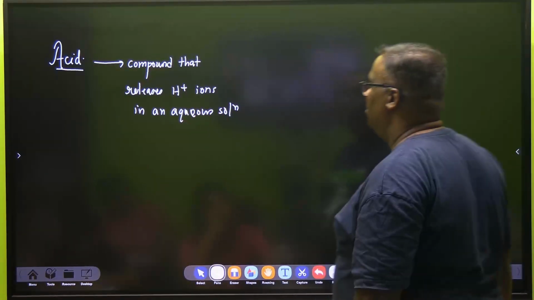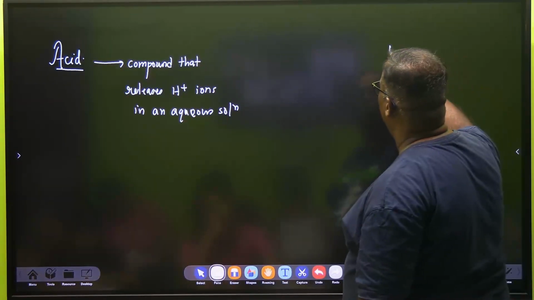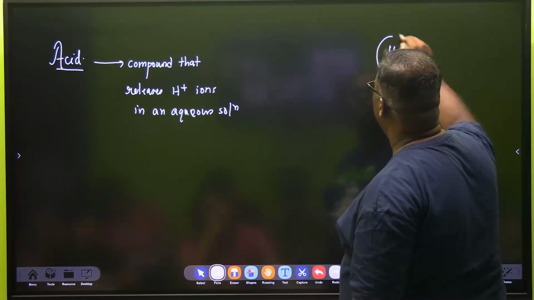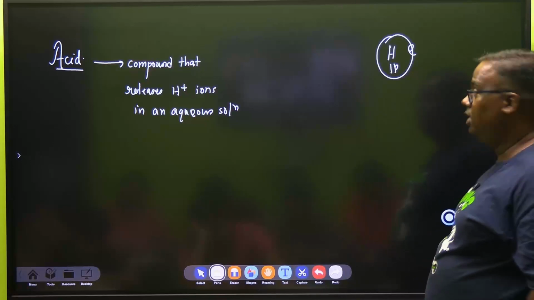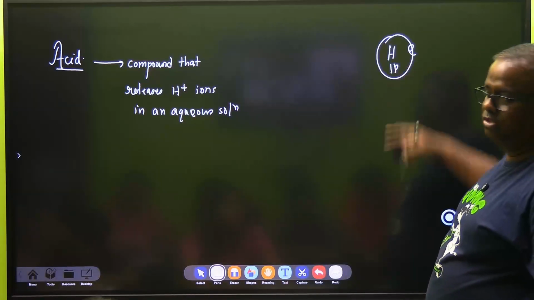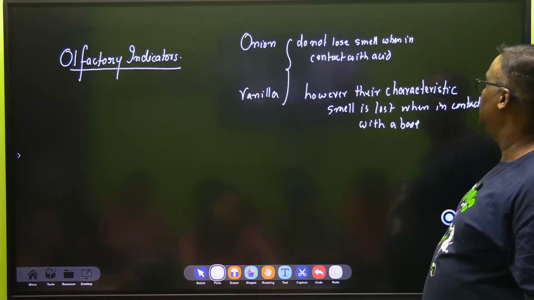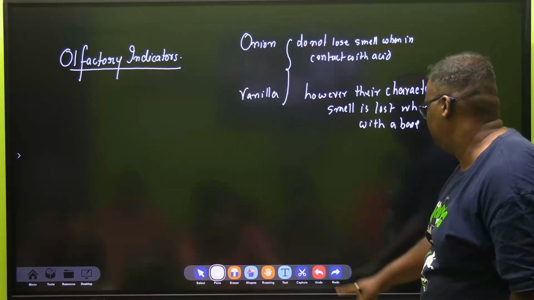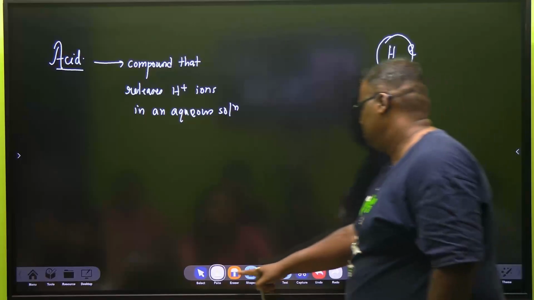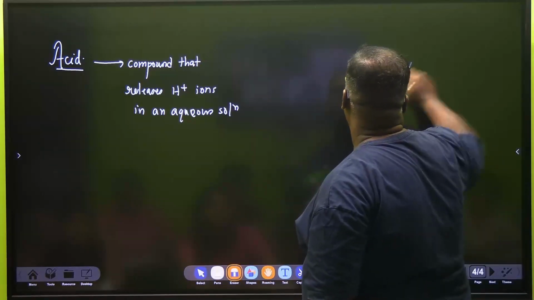H plus is again very interesting. Look at the hydrogen atom. The hydrogen atom has one proton and one electron, right? What is H plus? Kidnap. In H plus, it will go back to the same previous one. Okay, 1 minute.